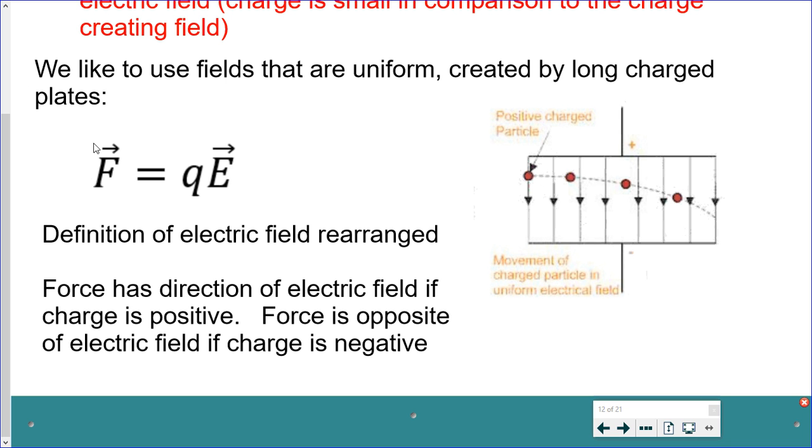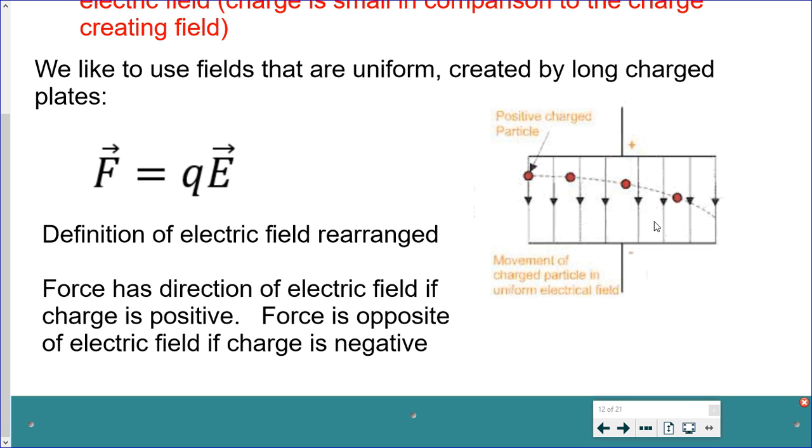Okay, so if we take a look over here at our equation, you're going to see it's basically the rearrangement of the definition of the electric field. So the force on a charged particle, that's this guy here, in a uniform, that word is important, uniform electric field, meaning those lines are evenly spaced, it's set up, it's constant.